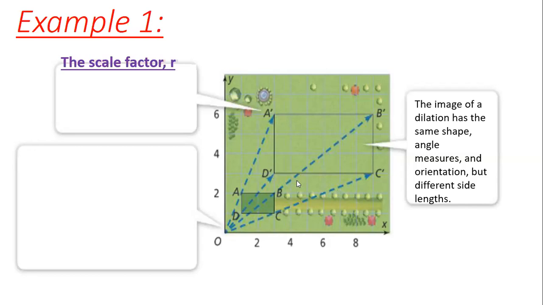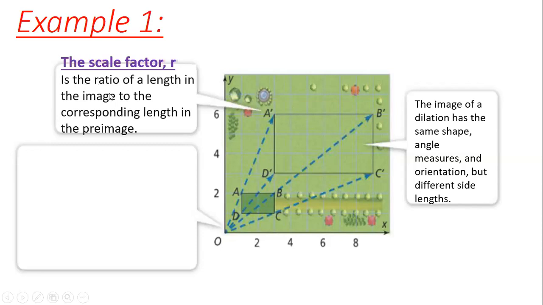Are you going to see the length? Very good, Mariam. So we are going to see the side length. If it's the only thing that is different, for sure this scale factor is related to it. So to find the scale factor, I am going to use the side length of the image and of the pre-image.